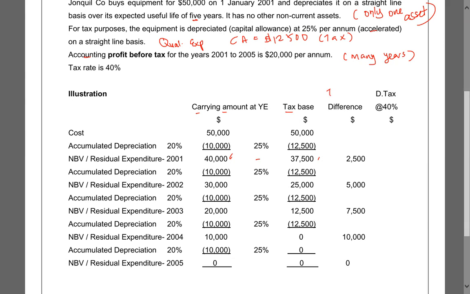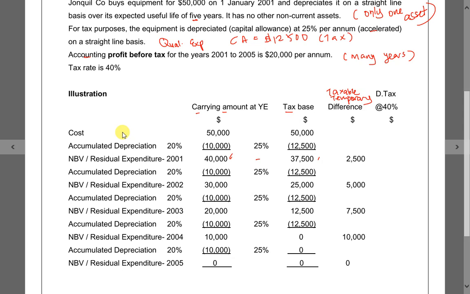We call this taxable temporary difference. Why? Because this year I claim extra 2,500, means in the future I have to pay another 2,500.